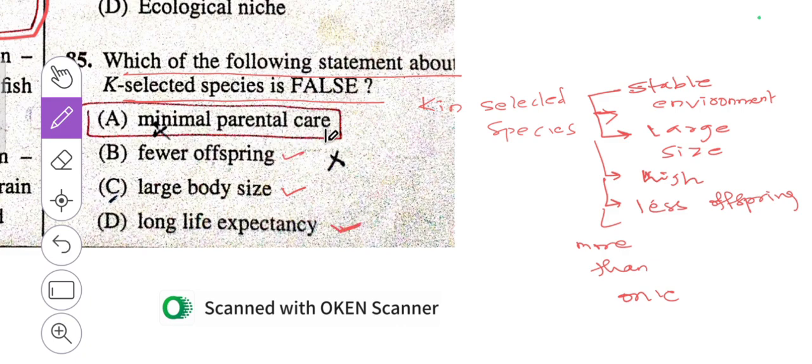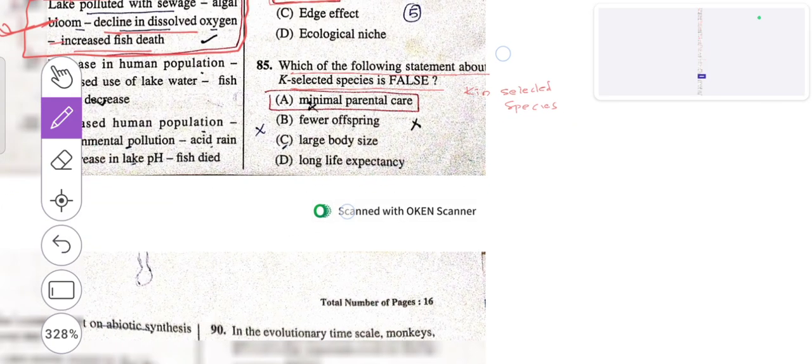So here the minimum parental care is wrong, where the parental care is more in case of K selected species. So 85th is the right answer.